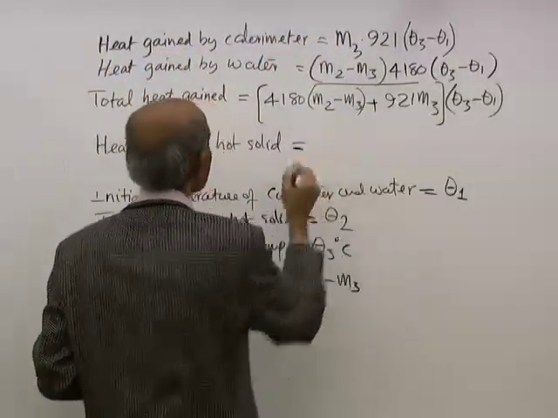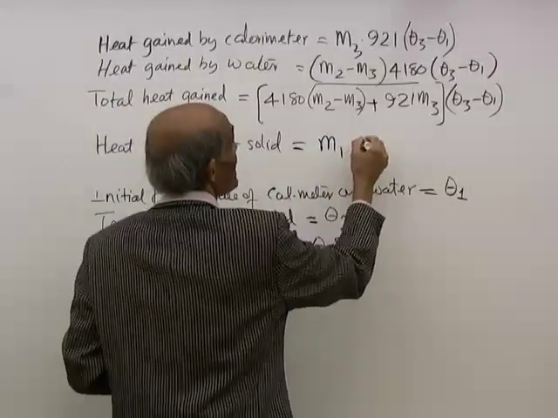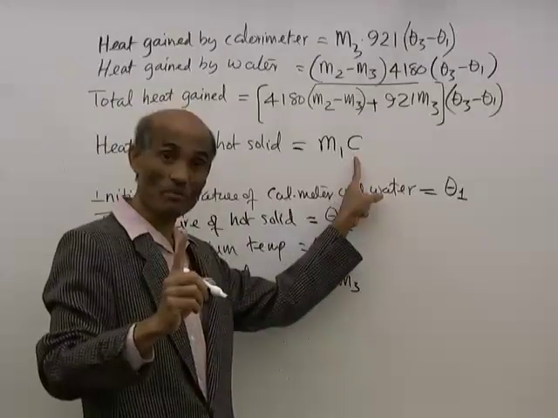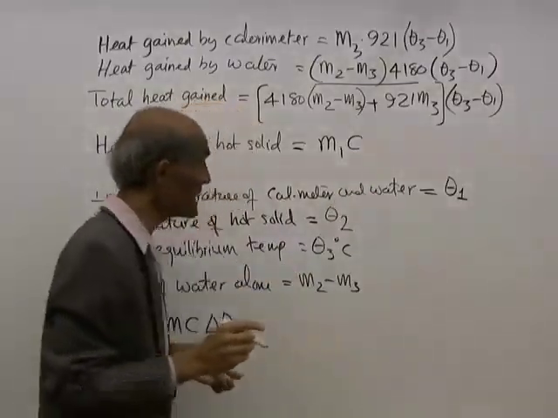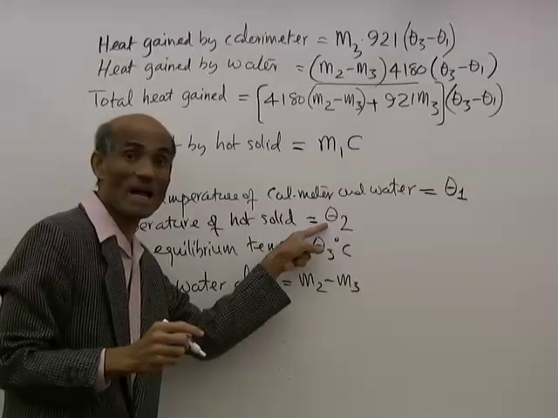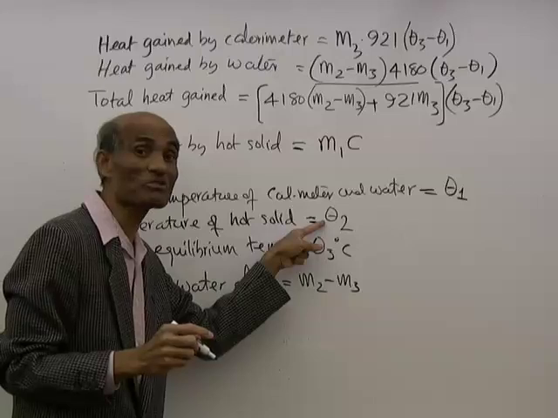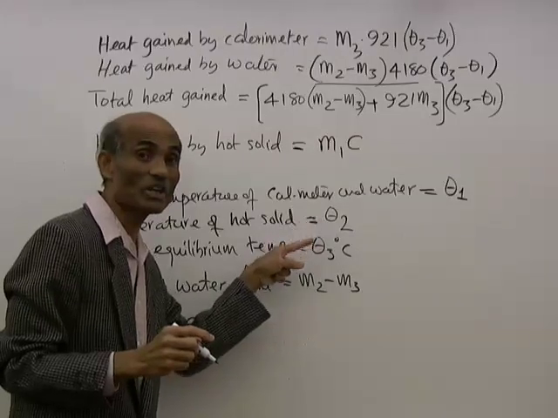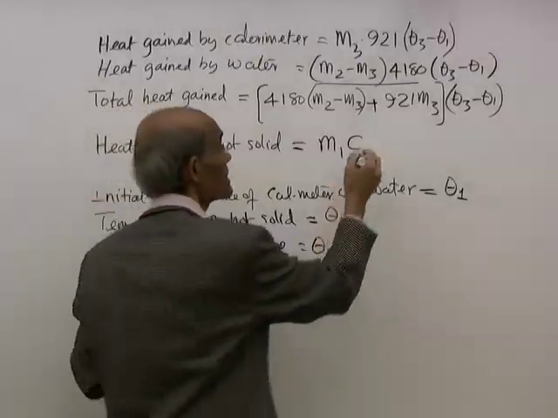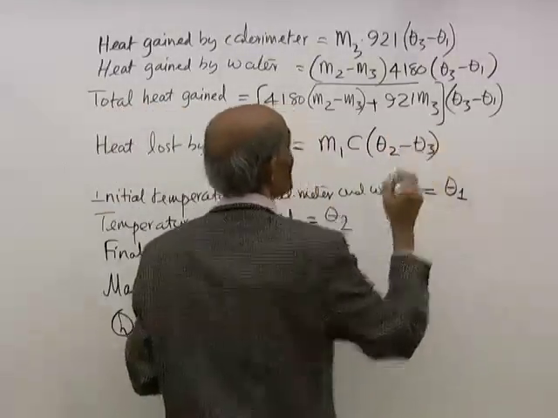So the heat lost by hot solid will be M1 times the specific heat of that solid C, we want to measure it, times the change in temperature. The solid has been heated to a high temperature, theta 2, and the equilibrium temperature is theta 3. Therefore, the change in temperature is theta 2 minus theta 3.